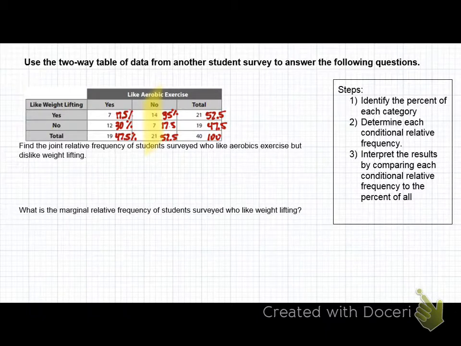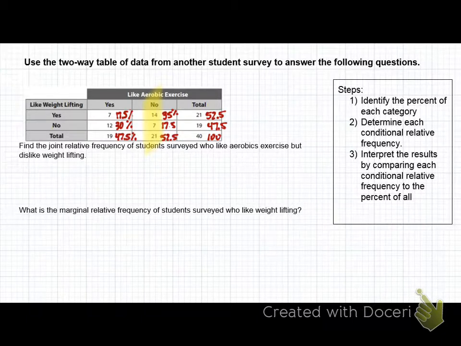21, right? So listen to my question. What's the frequency of people who like weightlifting given that they don't like aerobic exercise? So how many people don't like aerobic exercise? 21, right?